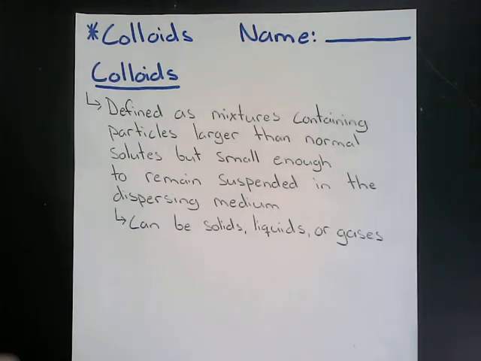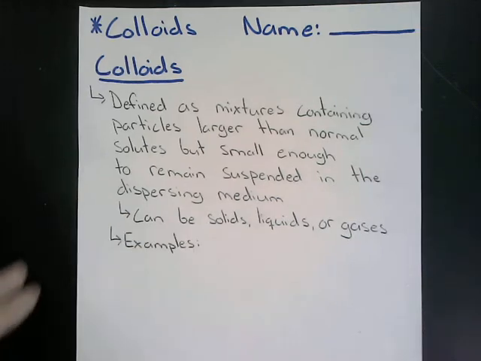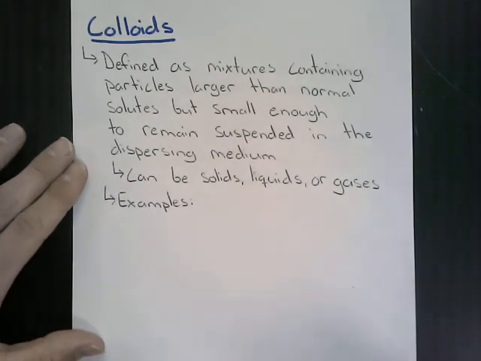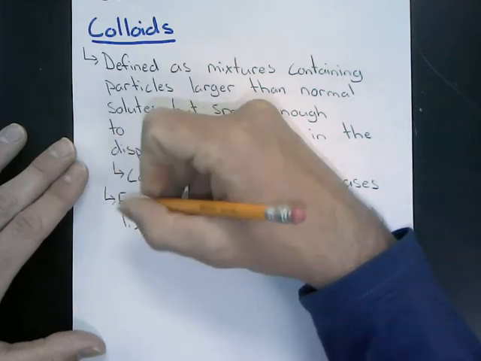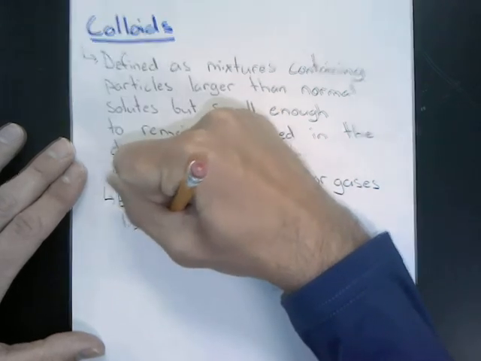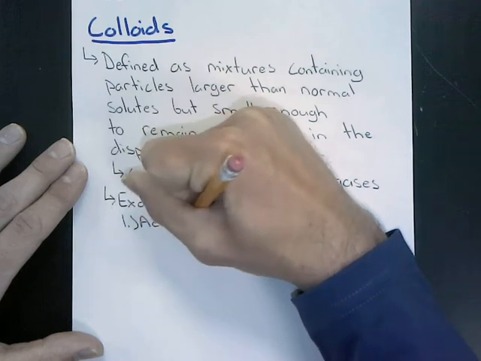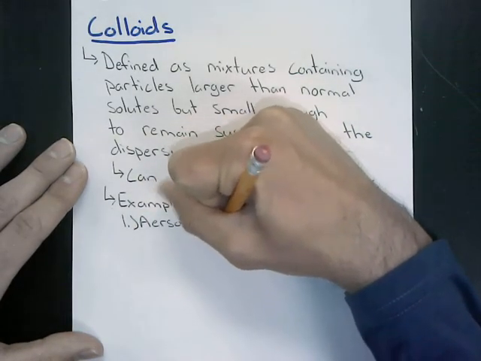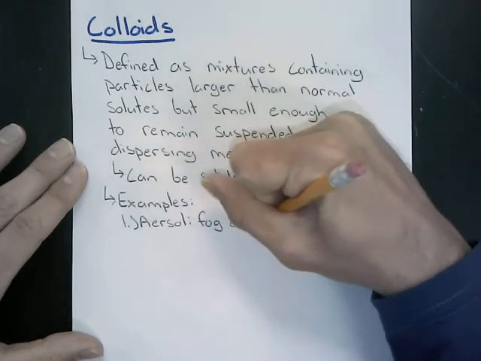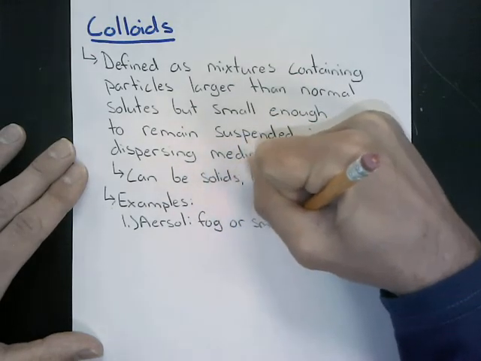Now, to help get you the idea of some of these different types of colloids, I have a few examples. My first example of a colloid is known as an aerosol, and an aerosol is going to be something like fog or smoke in the air.